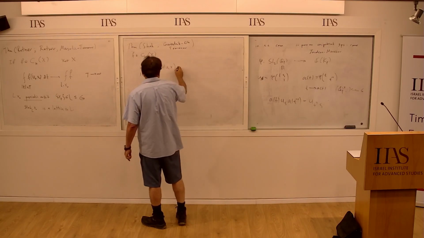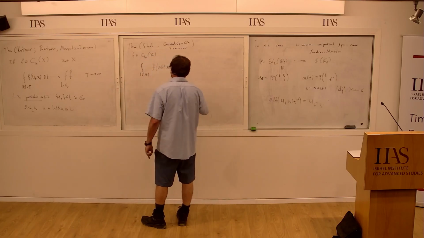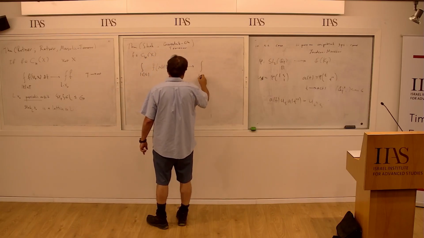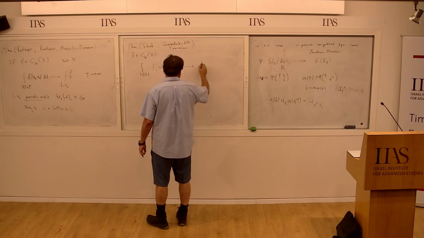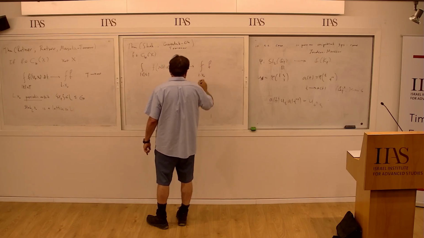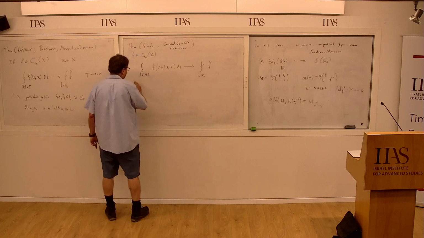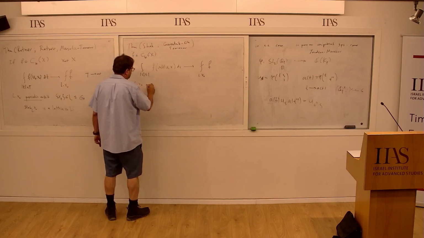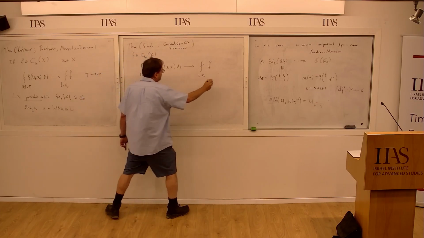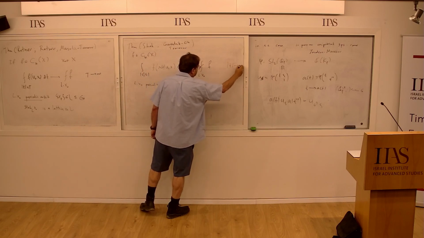I'm normalizing everything to have volume 1, and this converges to the average on some periodic orbit L x_0, and of course I need to say as the absolute value of t goes to infinity.